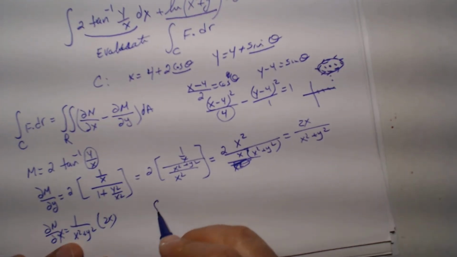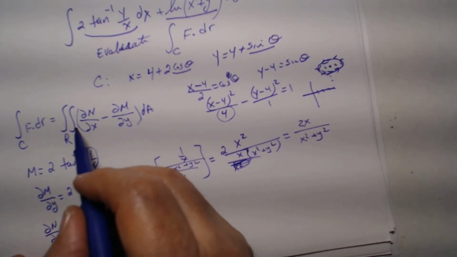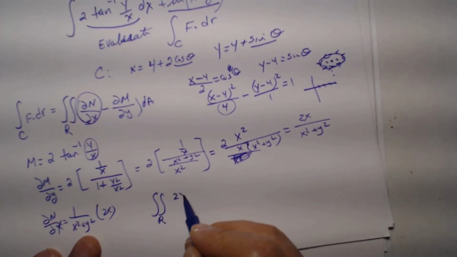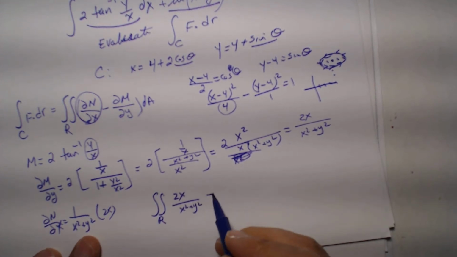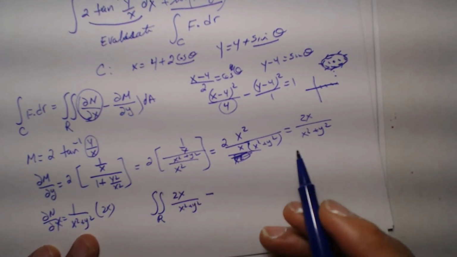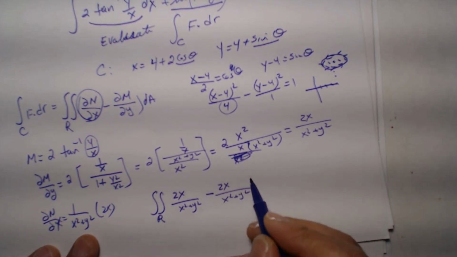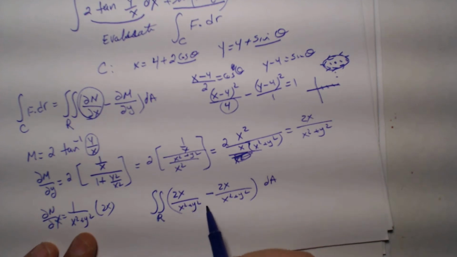What is Green's theorem? It is the integral over the region of the partial derivative of N, which is 2x over (x squared plus y squared), minus the partial derivative of M, 2x over x squared plus y squared, dA. Oh, they are the same.